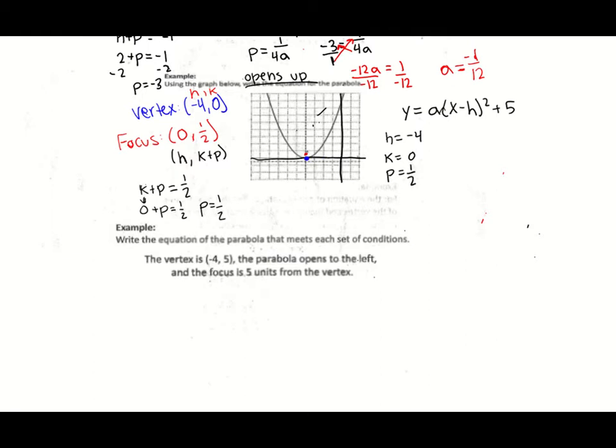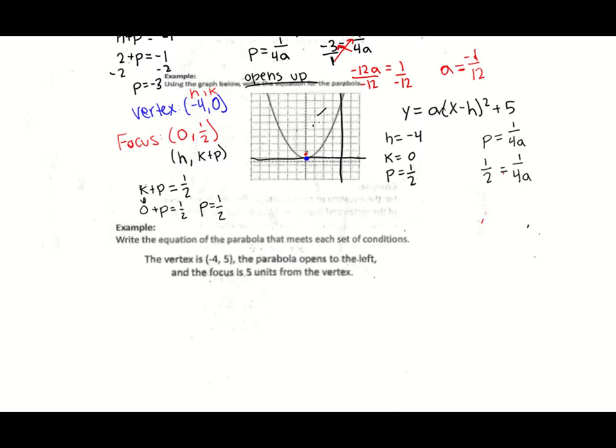So now that I have p, I can figure out what my a is equal to. If I have my equation for a, p equals 1/4a, and I'm going to plug in 1/2 for p. 1/2 equals 1/4a.